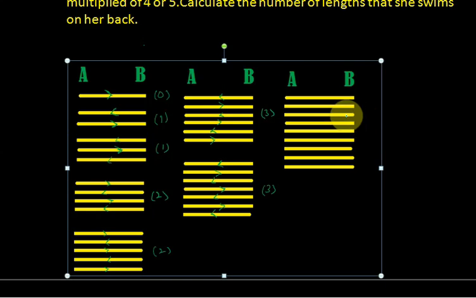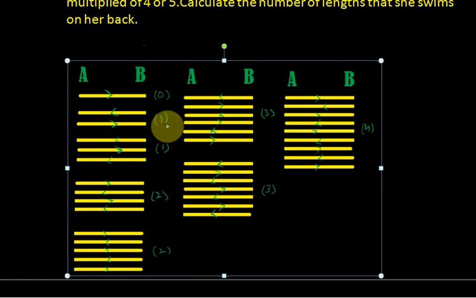And finally the 8th length, she starts now from A, so A to B is forward, back, forward, back, forward, back, forward, back. So it is forward, back, 1, 2, 3, 4 back. So she took 4 back in 8 lengths.